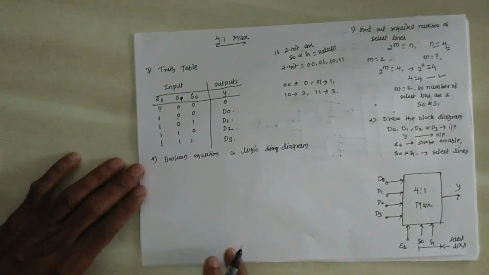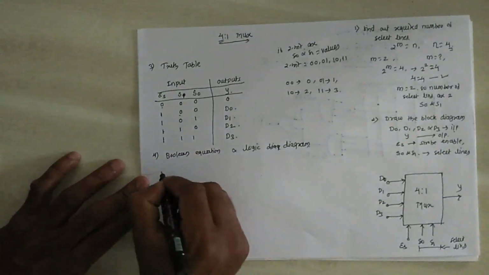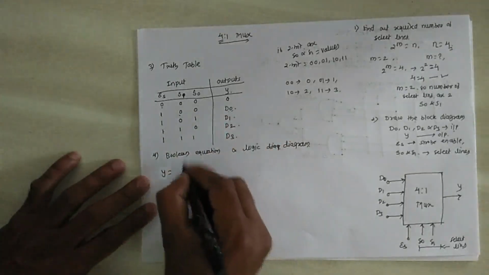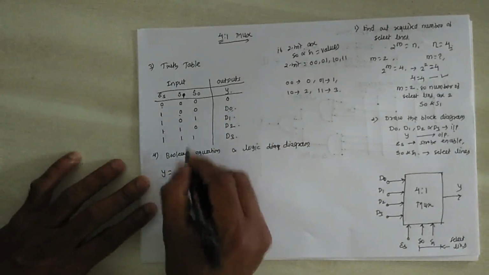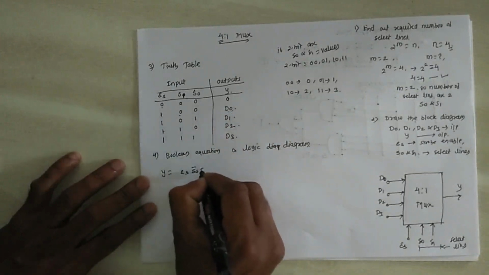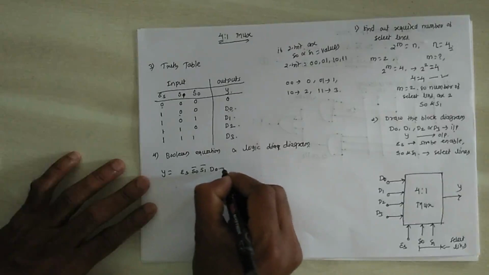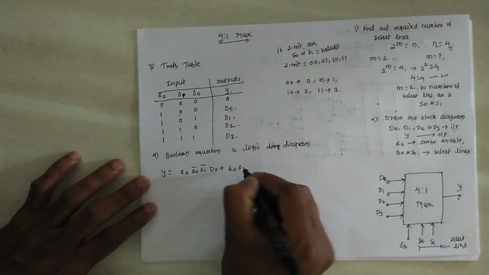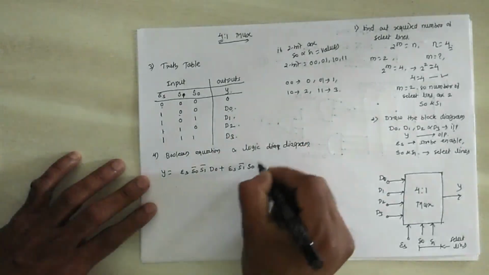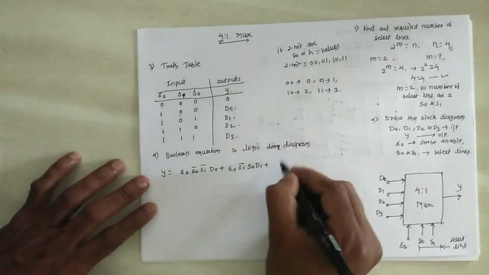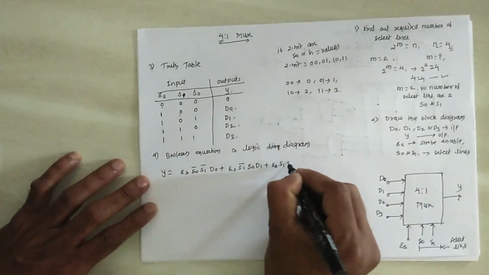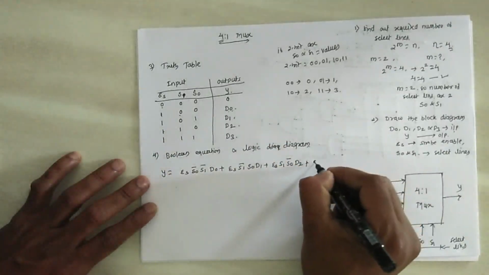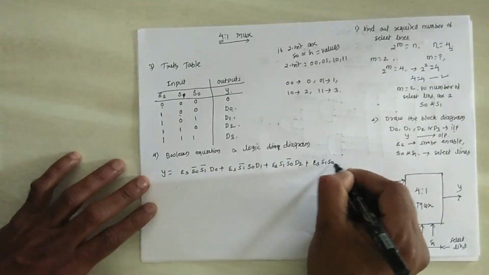Okay, the Boolean equation is written as: Y is equal to, write down all the terms from D0. It will be S0 complement, S1 complement into D0 plus, for D1, S1 complement, S0 and D1. For D2, S1 S0 complement into D2 plus, for D3, S1 S0 into D3.